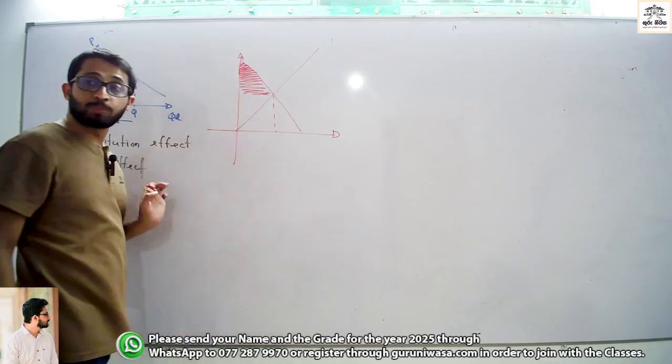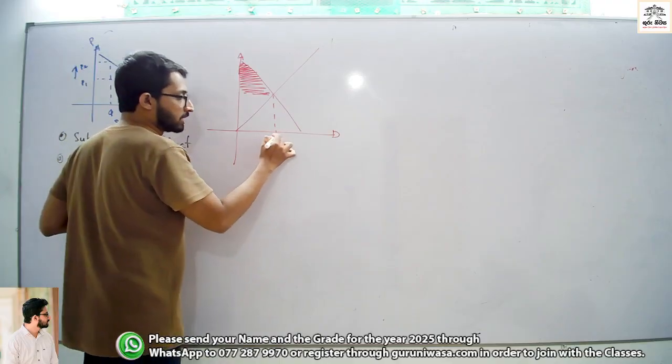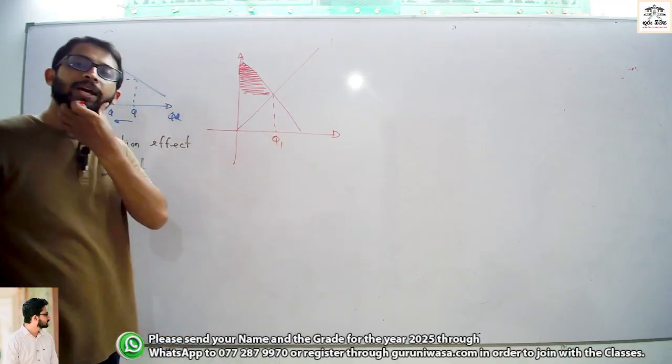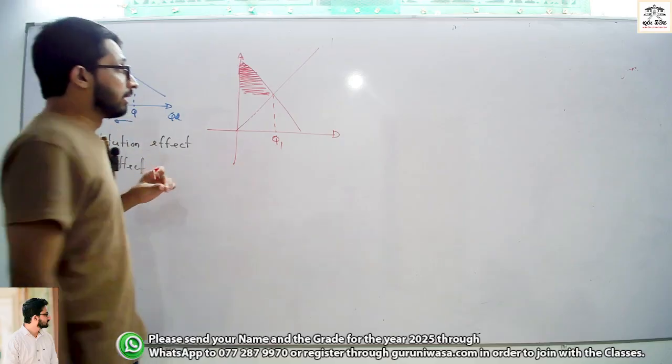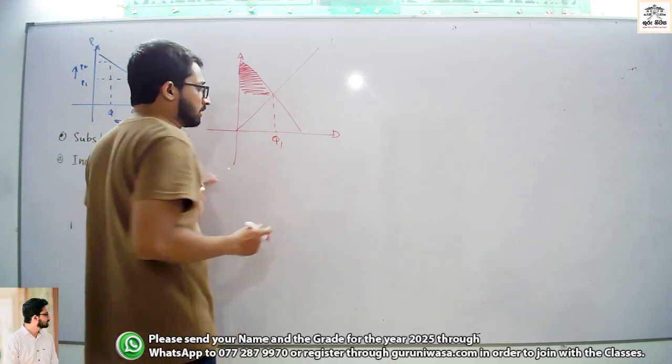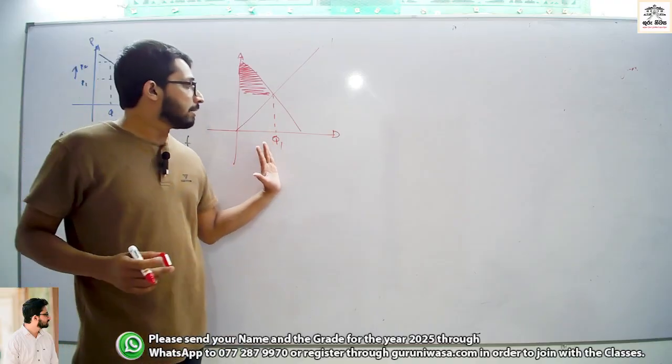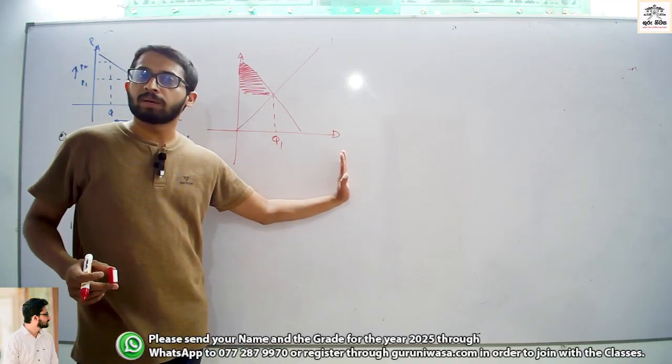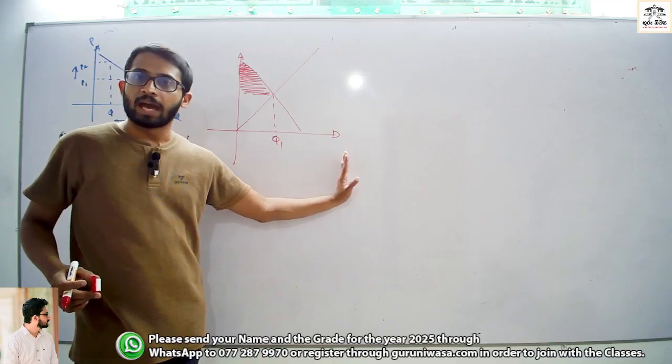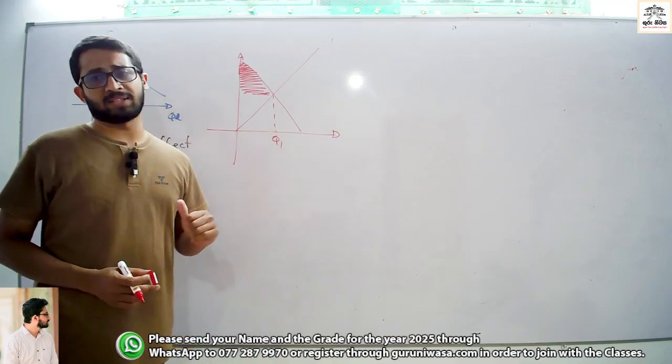Aggregate value up to which point? Up to the equilibrium point, because we are not considering quantities above the equilibrium. Clear? And also we take only positive differences.